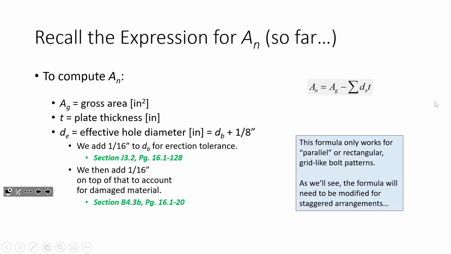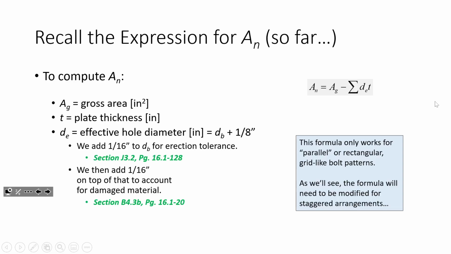Now, we talked last time about why you would use a staggered connection. You might know why. We talked about this last time. Why would we use a staggered bolt arrangement? It raises your net area. And why is that valuable? Why do we care about that?